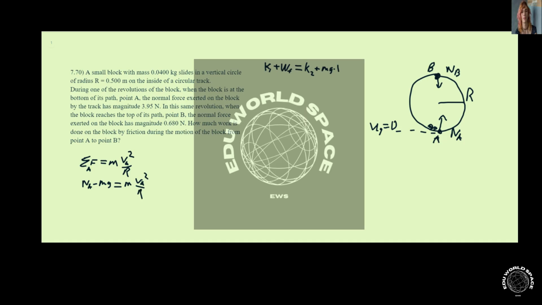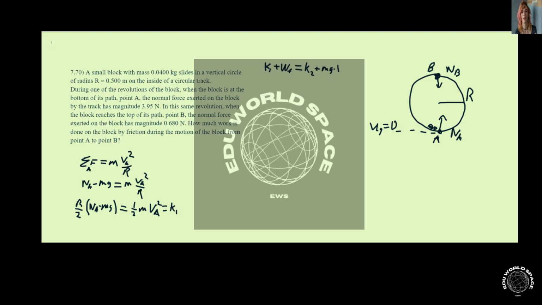To make the right-hand side equal to K1, we multiply both sides by r over 2, giving r over 2 times (Na minus mg) equals 1/2 mass velocity at point A squared, which is K1. So we can substitute this expression in for K1 at the end, without taking the midpoint step of finding the velocity at point A.